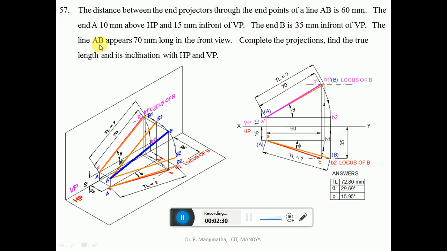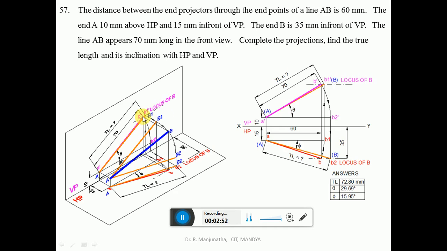The line AB appears 70 mm long in the front view. So with A dash as center, take a radius of 70 mm and cut the end projector line at this point, which becomes B dash. Then draw a horizontal dash line, which will be the locus of B, and join A dash to B dash with a dark line.